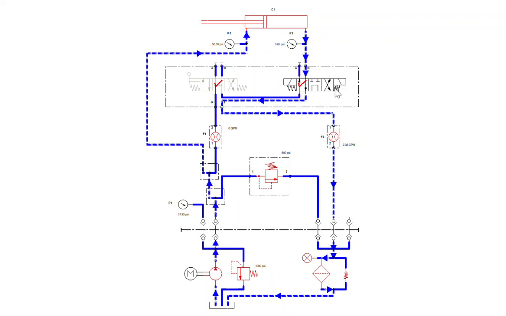So during regenerative extension, no flow back to tank, higher than pump flow is going into the extend chamber, and it makes the cylinder extend extra fast. It's useful for a rapid extension when a cylinder needs to freely extend before it contacts a workpiece and starts pushing hard.